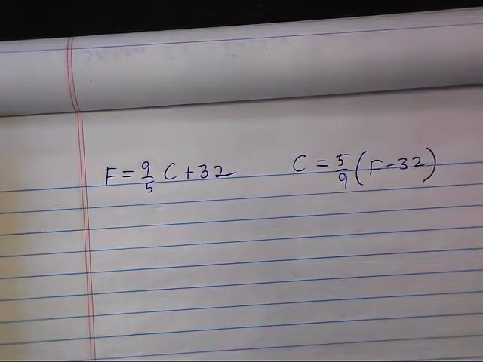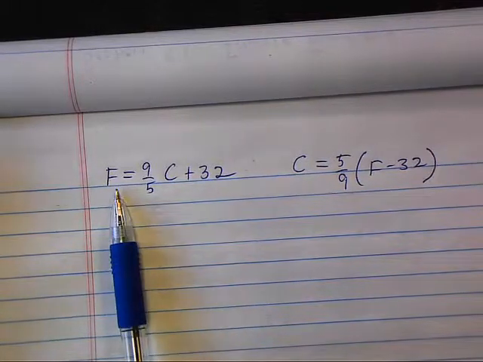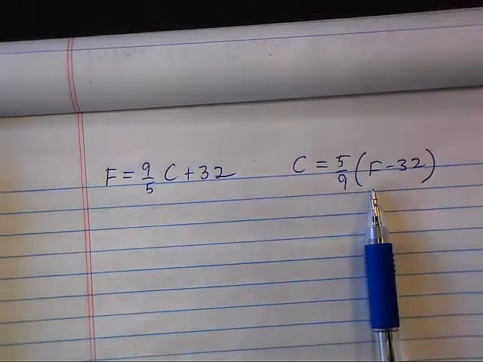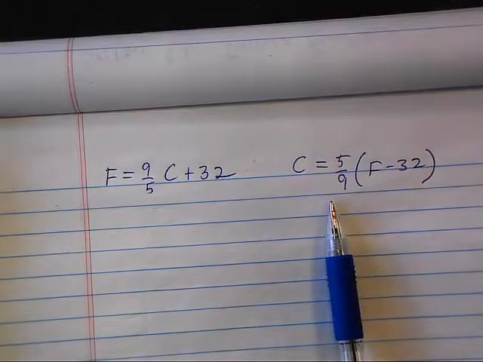For the first function, what's the input? Input is the x numbers. So the first function, what's the input? C. And what's the output? F. What happens in the second function? It flips them. The inputs become F and the outputs become C.